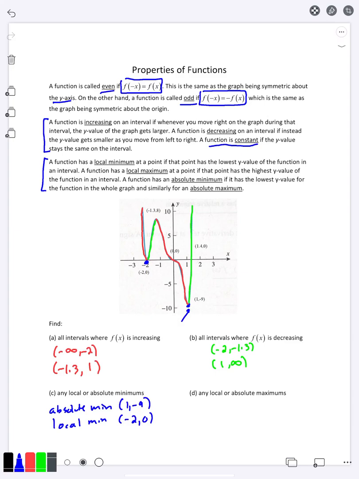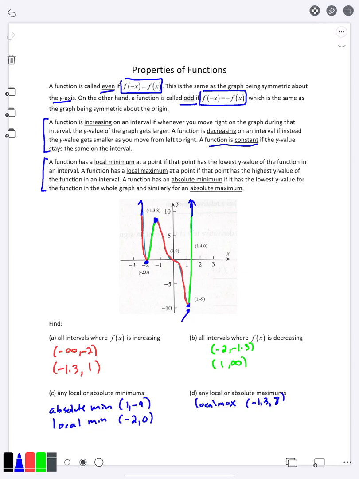Now, if I want to find local or absolute maximums, I want to find the high points here. And I only see one high point, and that's the point -1.3, 8. But that is definitely a local max because it is not the highest overall of this function, because this function goes really, really high at both the left and the right ends here. So it's a local maximum, but it's not the absolute maximum.